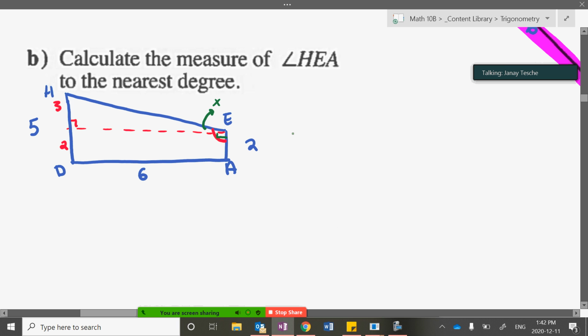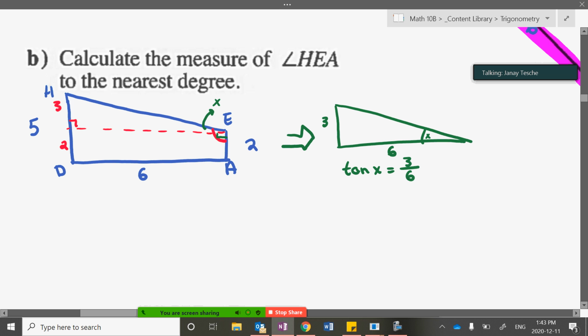So now what we're left with is this triangle. This is my angle X. This is 3, and this is 6. Not a hard question now. So now I'm going to do the tan of X is equal to our opposite 3 over our adjacent 6. So X is then equal to the inverse tan of 3 over 6.